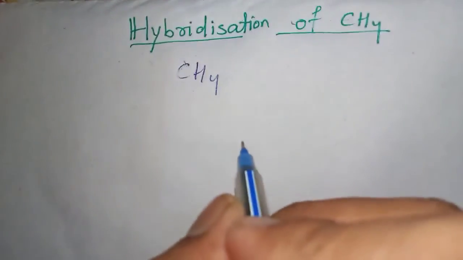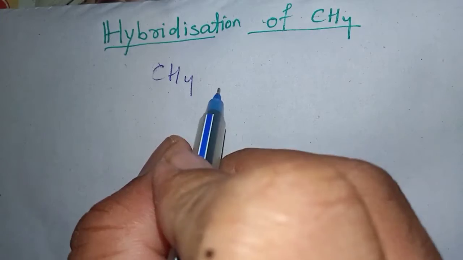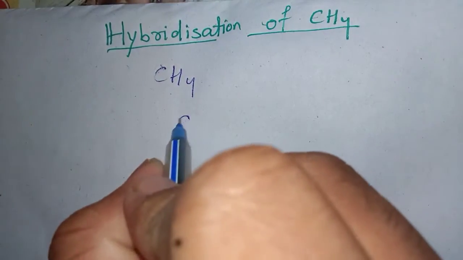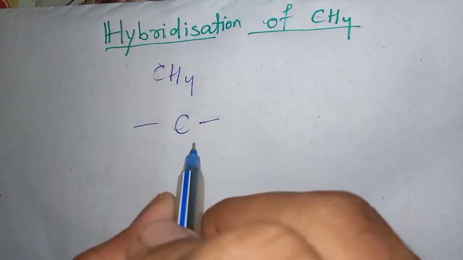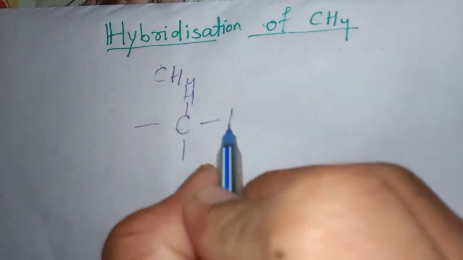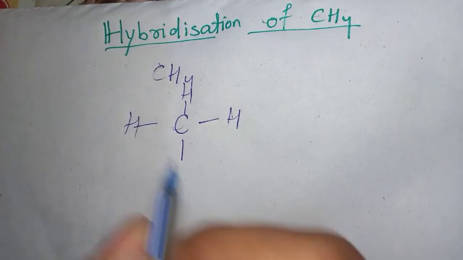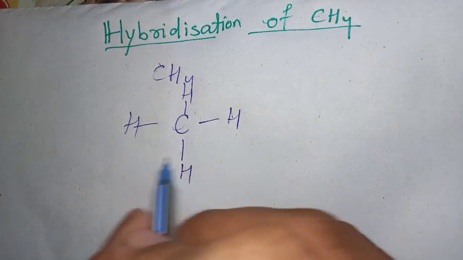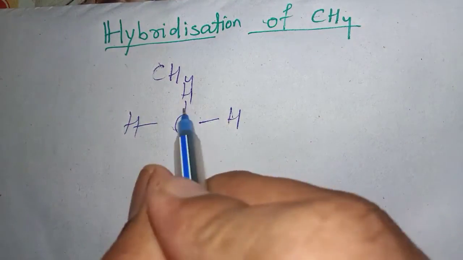The hybridization of CH4. And in the CH4 we know one carbon atom is surrounded by 4 hydrogen atoms. Okay, in this case one carbon atom is surrounded by 4 hydrogen atoms.